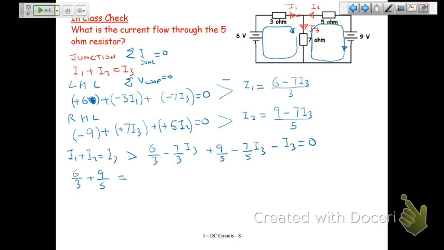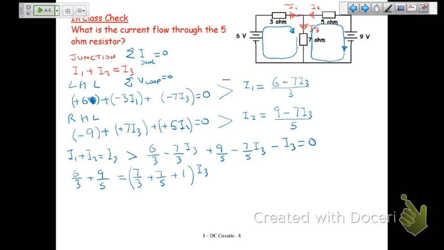And let's move our other stuff to the other side. So that goes 7 over 3. And that's going to be plus 7 over 5 plus 1 I3. Yeah?